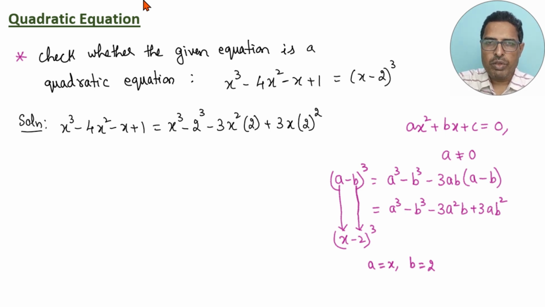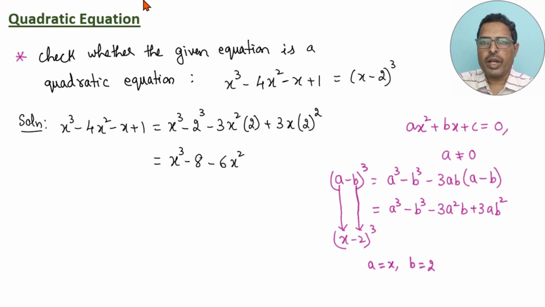So let's simplify the right hand side: this x cube as it is, minus 2 cube, that means 2 is multiplied 3 times, so 2 into 2 into 2 will be how much? 8. Minus, let us multiply 3 times of 2, so 3 times 2 will be 6, so we get 6x square, plus we have 3x into 2 square, so 2 square will be 4.